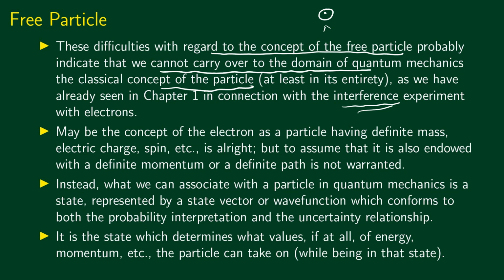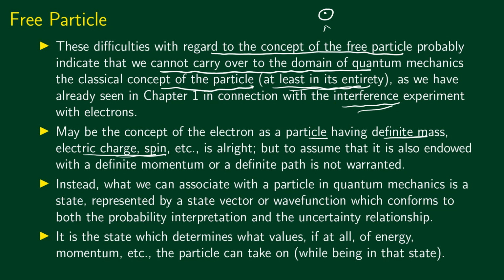So this means that the concept of a classical particle cannot be entirely taken into the realm of quantum mechanics. But still we can think of a quantum mechanical particle, for example the electron, as a particle which has a definite mass, electric charge and spin. This we are allowed to do.